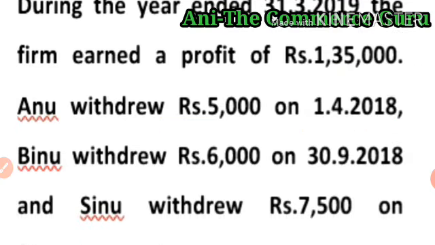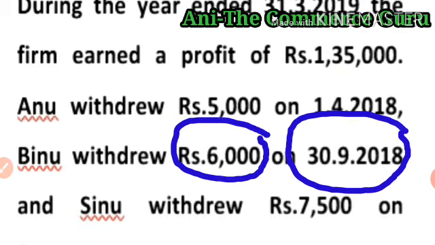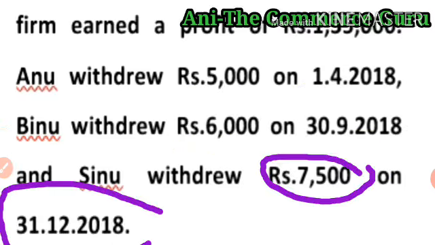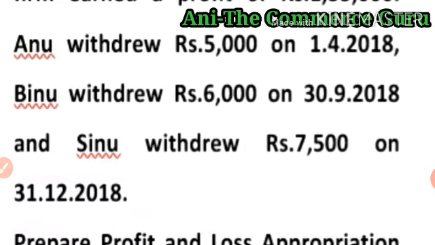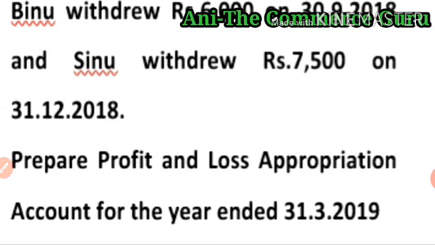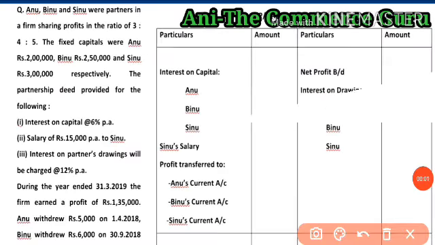Binu withdrew rupees 6,000 on 30 September 2018 and Sinu withdrew rupees 7,500 on 31st December 2018. And you are required to prepare profit and loss appropriation account for the year ended 31st March 2019. So this is the question.